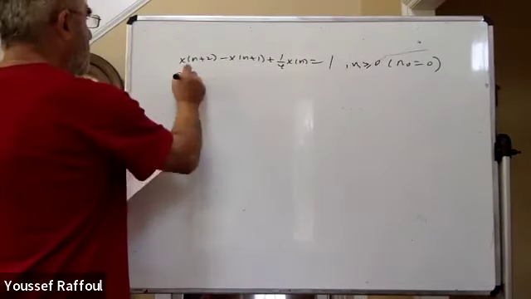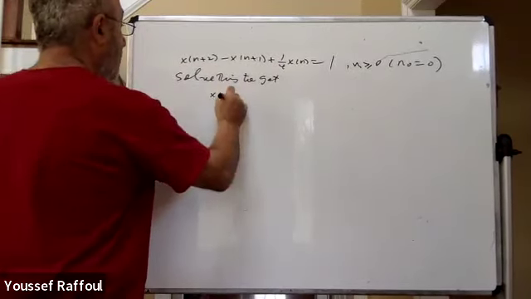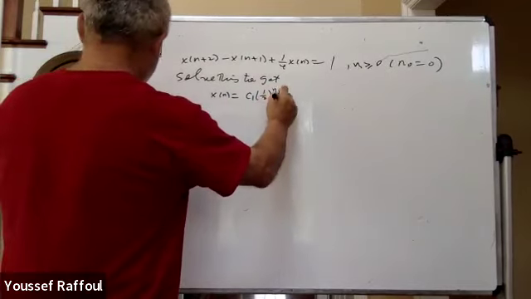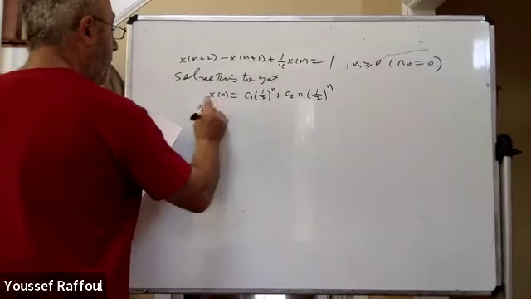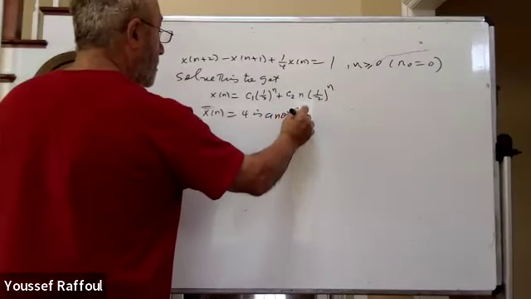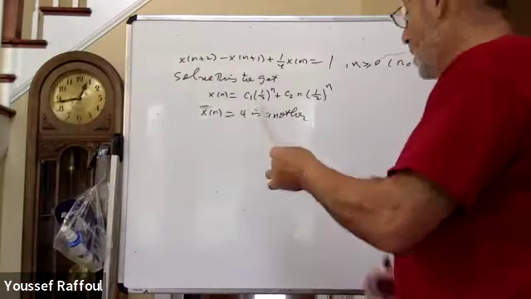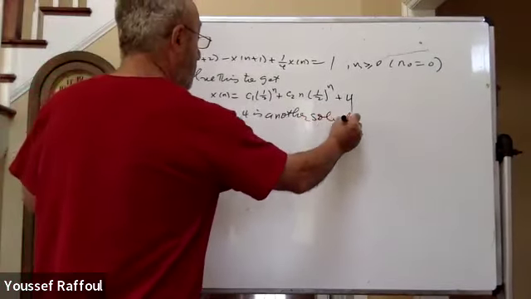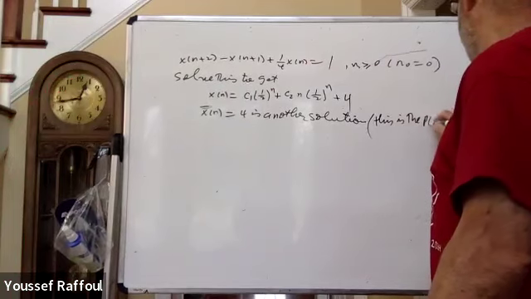Then we can solve this to get x_n equal to c1 times (1/2)^n plus c2 n (1/2)^n. And then another one, x star of n equal 4 is another solution. Here I need a plus 4. Actually, this is the particular solution.